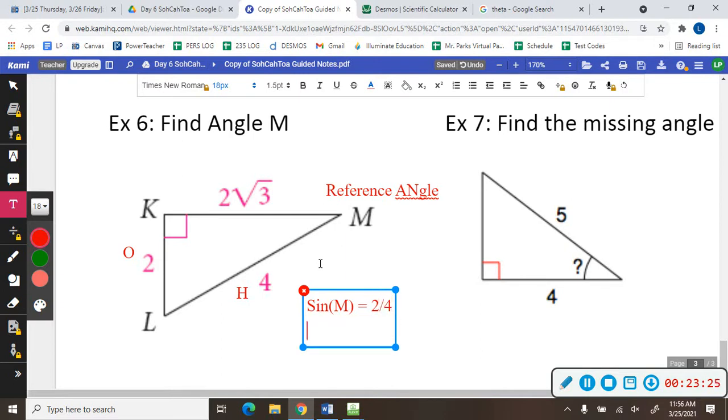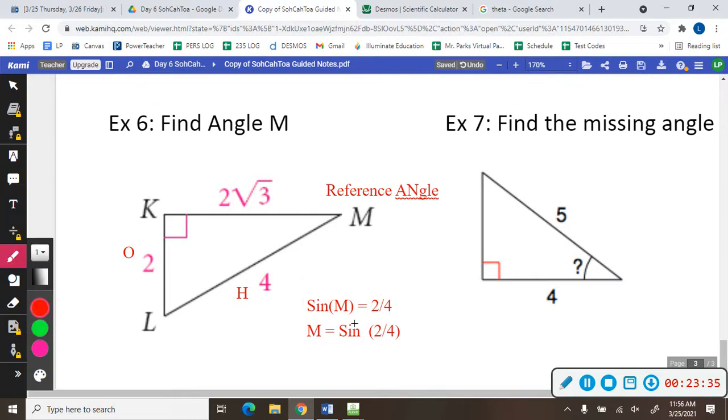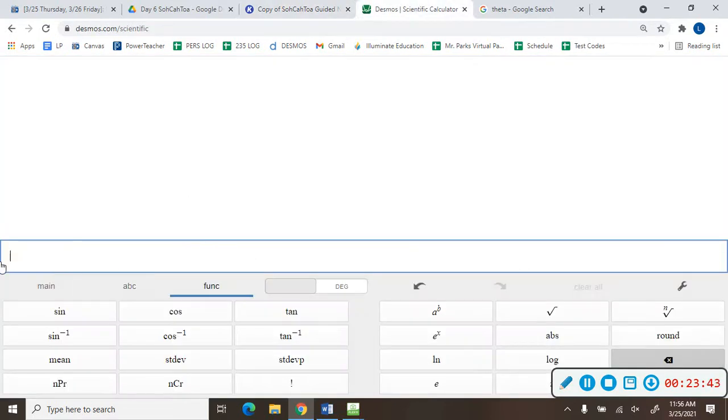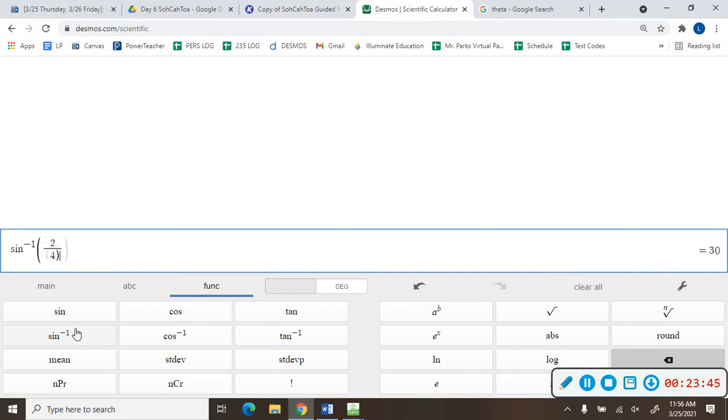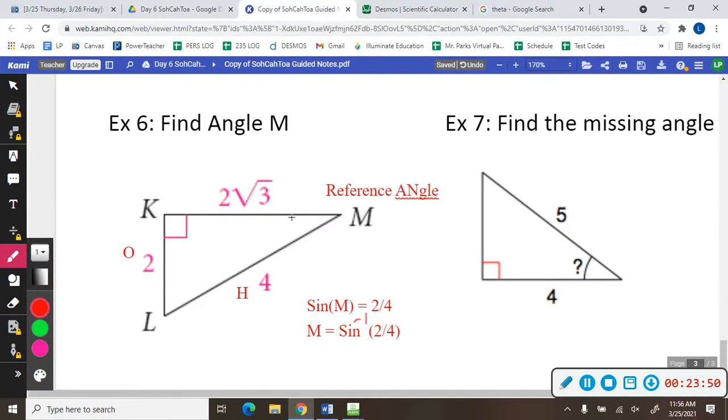I then take the inverse of both sides to find M, and angle M is the sine inverse of 2 divided by 4. If I type sine inverse of 2 divided by 4 in my calculator, I get 30. That's 30 degrees. So I would say M is 30.